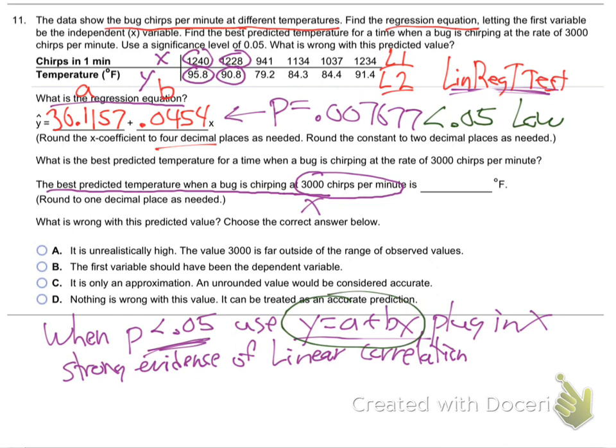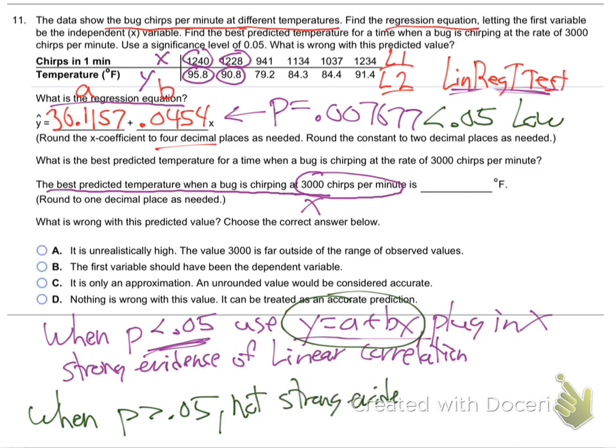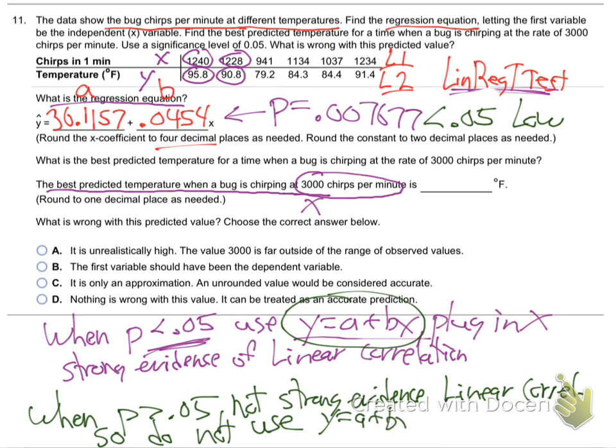Now, on the last problem, number 10, when the p is greater than 0.05, there's not strong evidence of a linear correlation. So do not use y equals a plus bx.